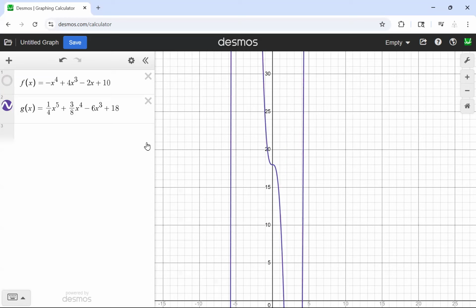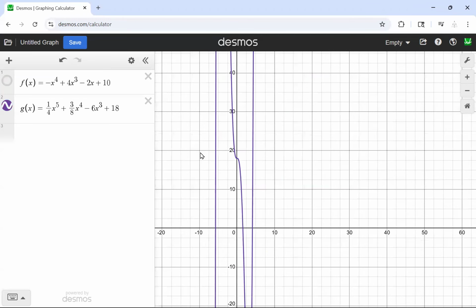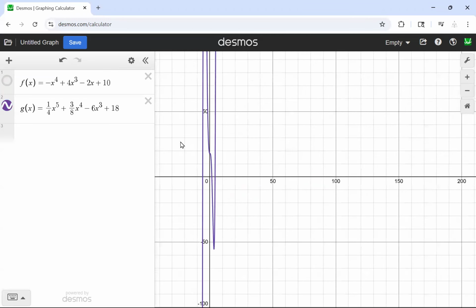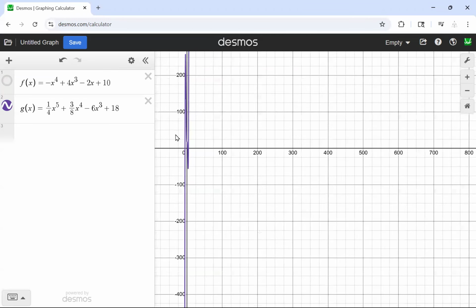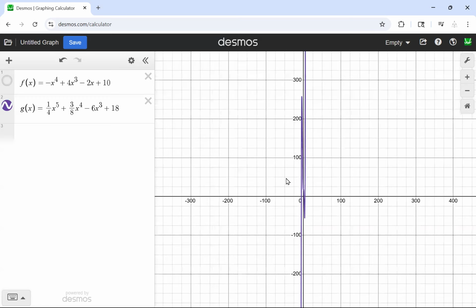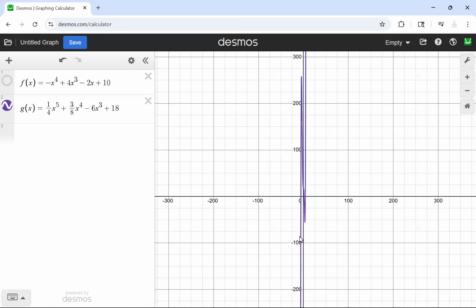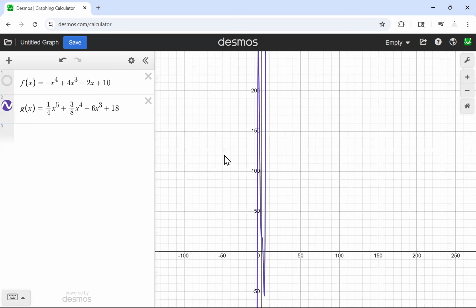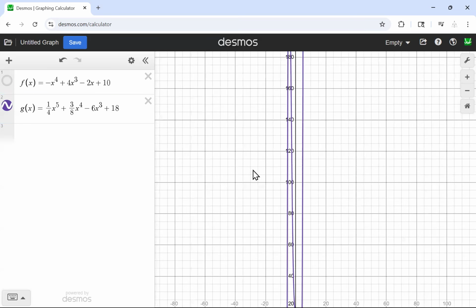The g of x that I just did, if I scroll out far enough, it's hard to see here, but you see the end behavior as you move towards the left, you move off to negative infinity. As you move towards the right, you move to positive infinity. But there's some really strange things going on in the middle.